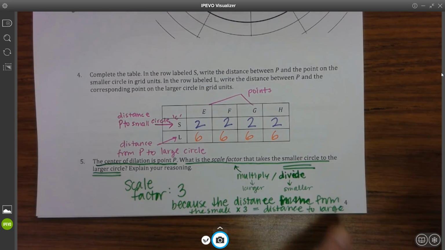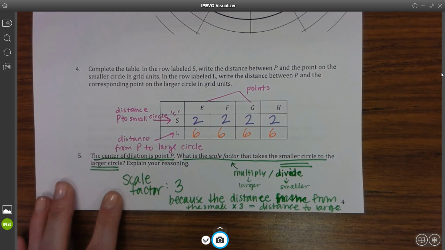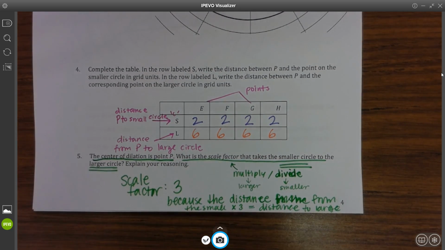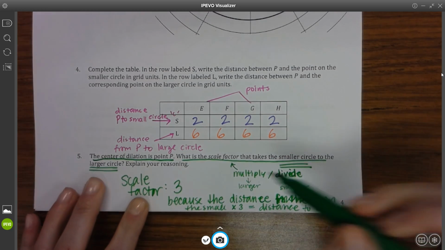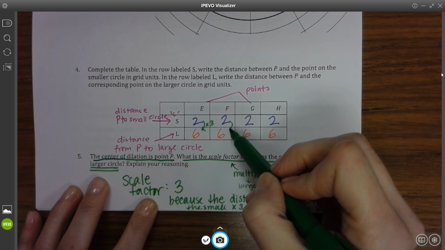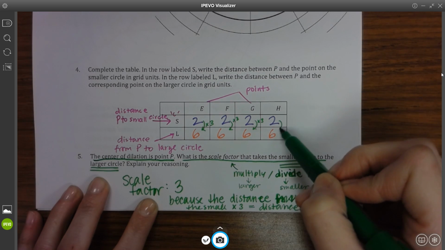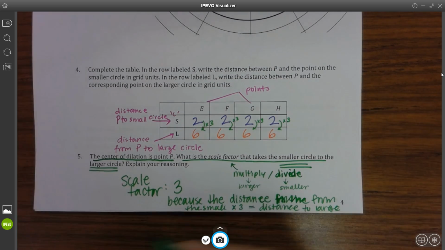Now you can write that in a different way, for sure. You do not have to write that like I did. But you do need to come up with a scale factor and how you know. And if we look at our table, 2 times 3, 2 times 3, 2 times 3, and 2 times 3.